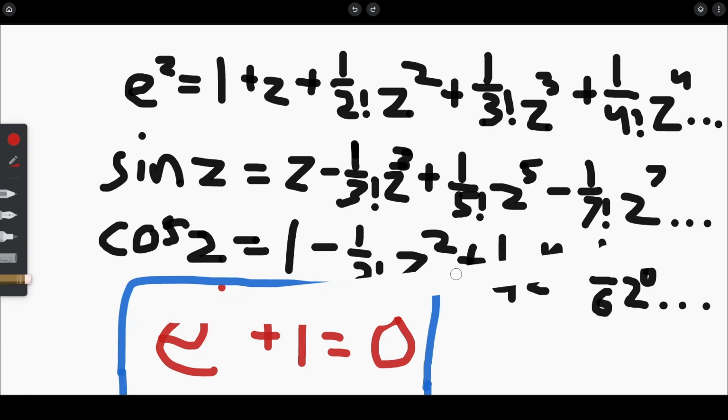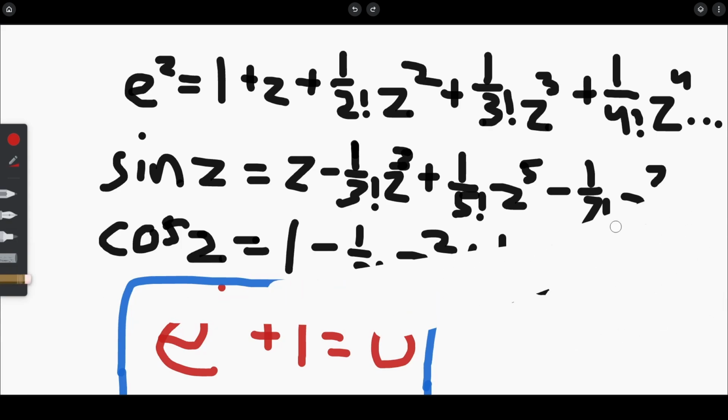And the reason we're using z is because we are going to substitute. So we can set z equal to i theta. Now we can plug this into our infinite series of e to the i theta.